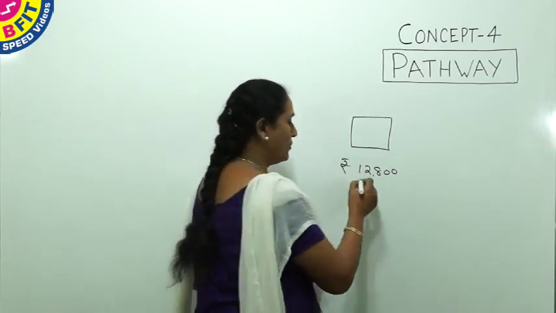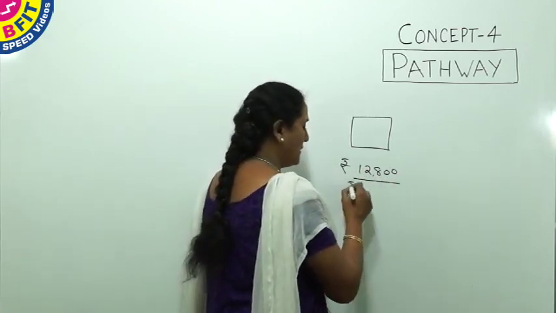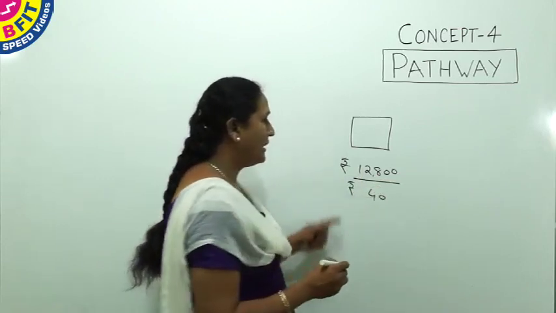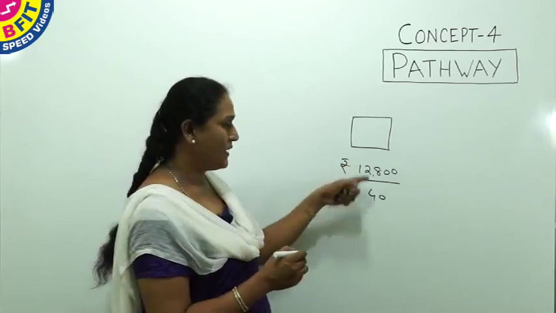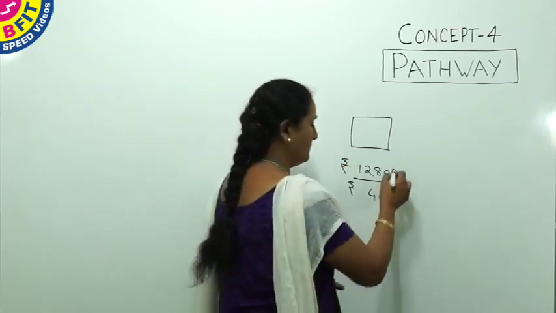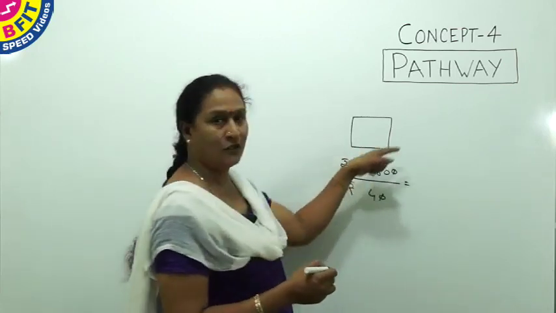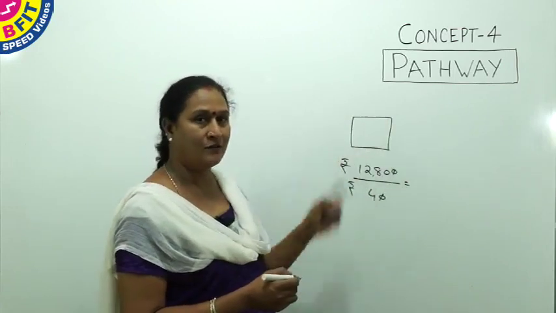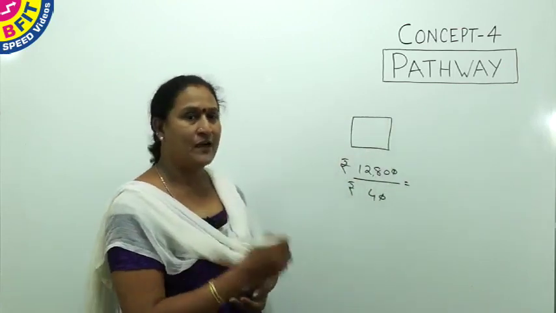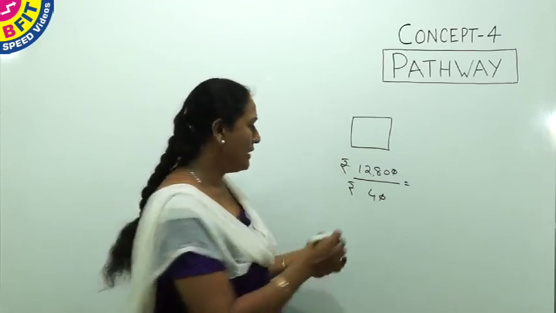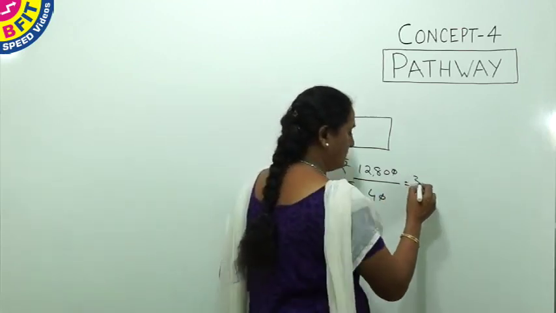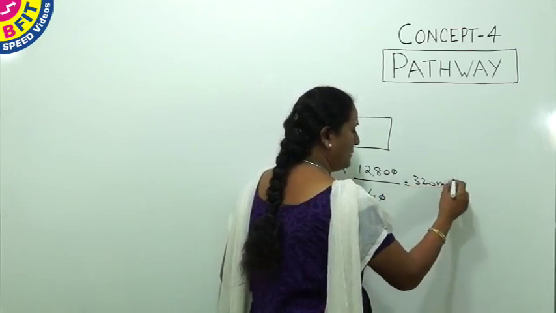So dividing the total cost by the cost per meter, we get the full length for which the fencing is done, that is, the perimeter of the square. When this is divided, it is 320 meters.